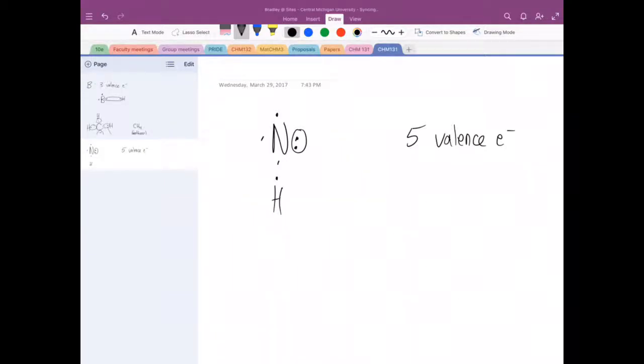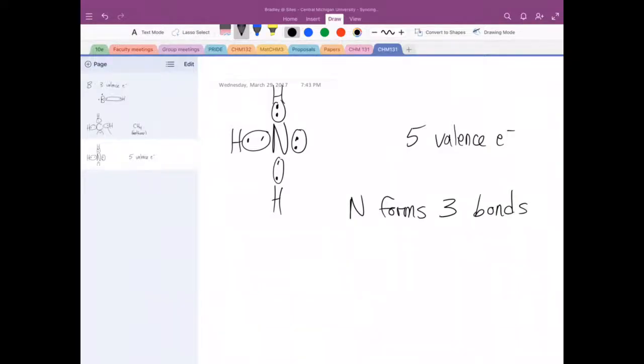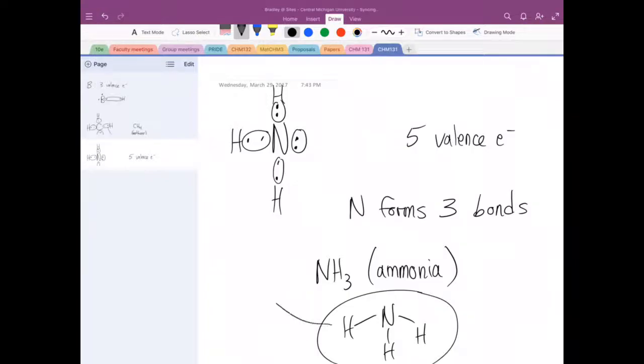With hydrogen, we see that nitrogen forms 3 bonds. An example of that is NH3, which is ammonia, which you can draw in these line diagrams as that. This is exactly the same as this one up here.